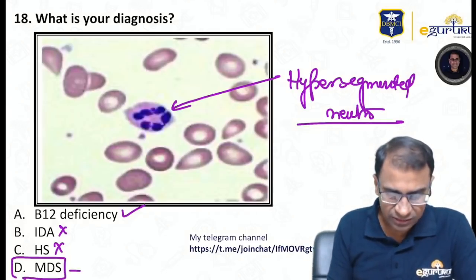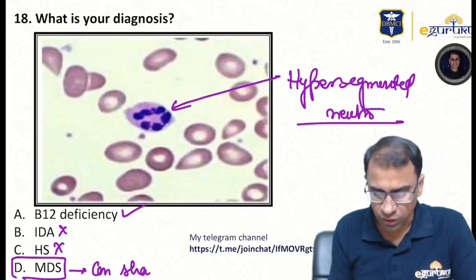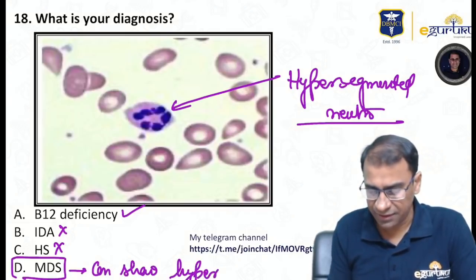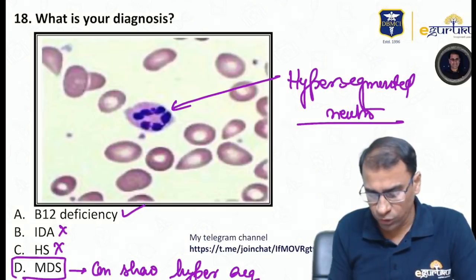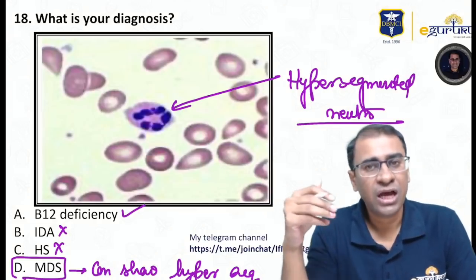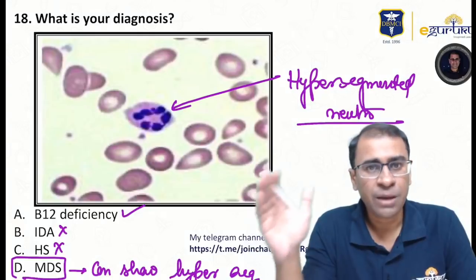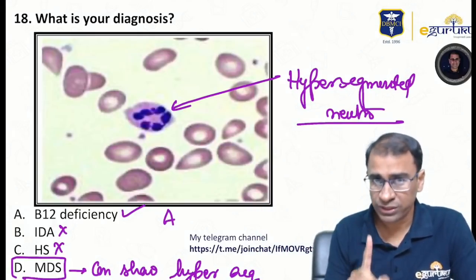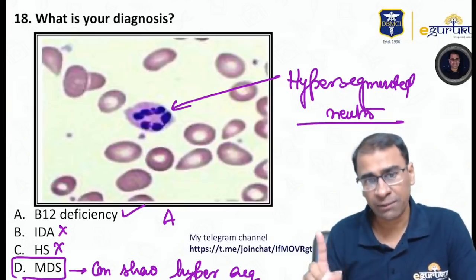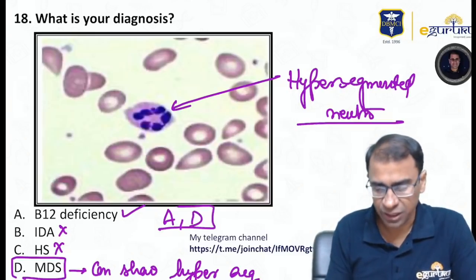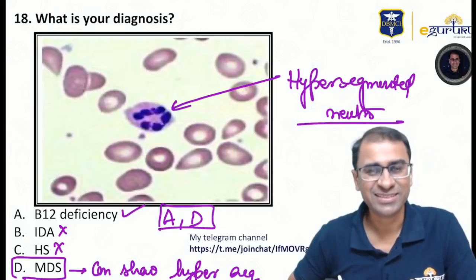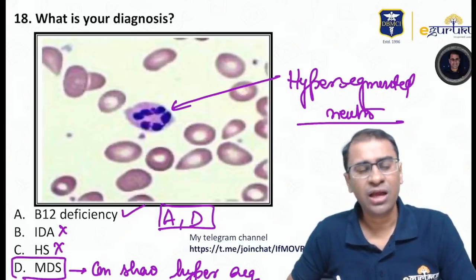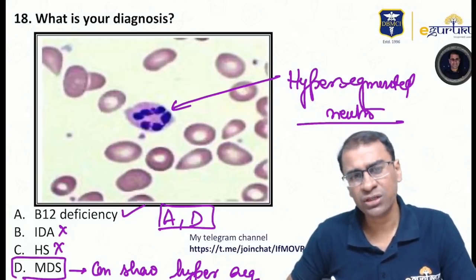MDS, well, this can show you hypersegmented neutrophils. So I'm not sure exactly if this question was to choose many of the options, but if it was, the answer would be A if it is one choice, but if the question is giving you multiple choices, then it would be A and D, both of them.